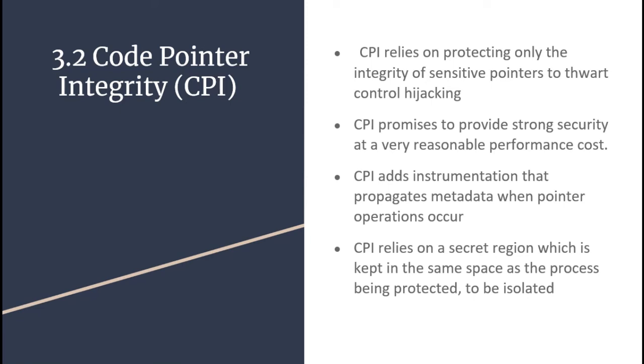However, we show that an attacker can disclose the location of the safe region using a timing side channel attack. Once the location of the code pointer in the safe region is known, the metadata of the pointer is modified to allow the execution of a ROP chain.